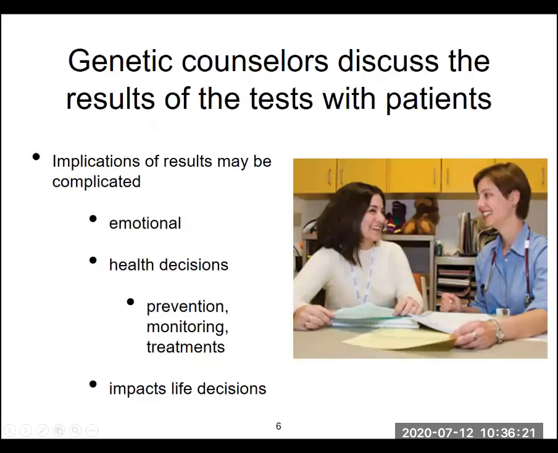Now, genetic counselors are specialized, trained clinicians. They're like specialized nurses or counselors that understand the genetics and understand how to work with people in very trying and emotional situations. They sit down and go over the results with the people going through that genetic testing and explain it to them.